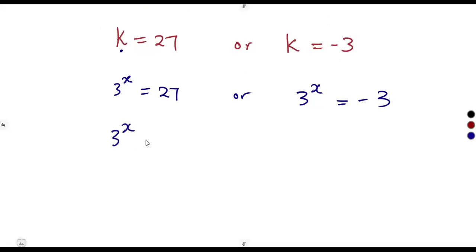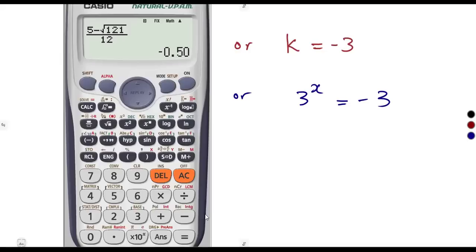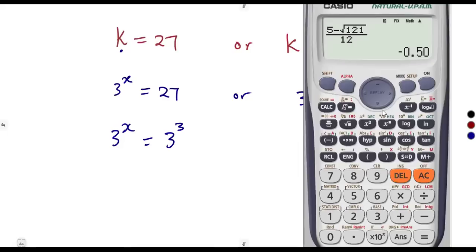Yes, we can raise 27 as 3 to the exponent of 3 as a product of its prime factors. But if you do not understand, guys, the calculator is there for your assistance. 27 is equal to, then you say shift fact, 3 to the exponent of what? 3.